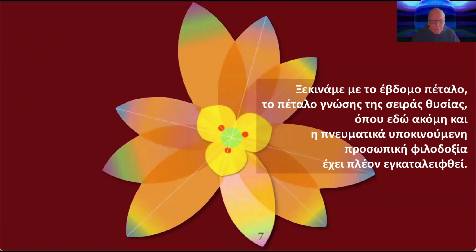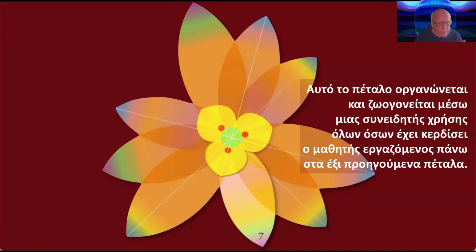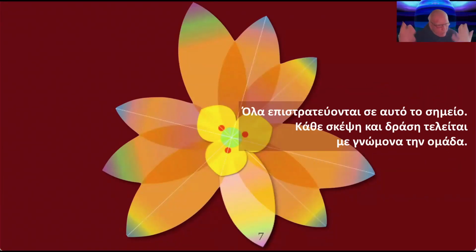So first up, petal 7, the knowledge petal of the sacrifice tier, where even spiritually motivated personal ambition has been left behind. This petal becomes organized and vitalized through a conscious utilization of all that the disciple has gained through work on the lower 6 petals. All is brought to bear at this point.